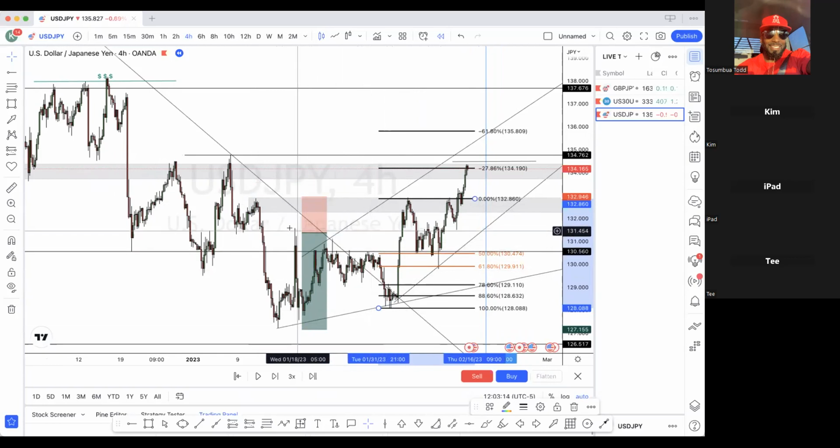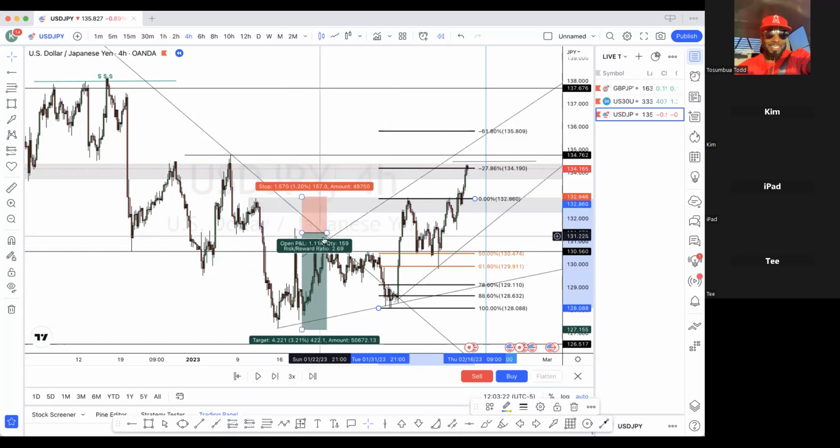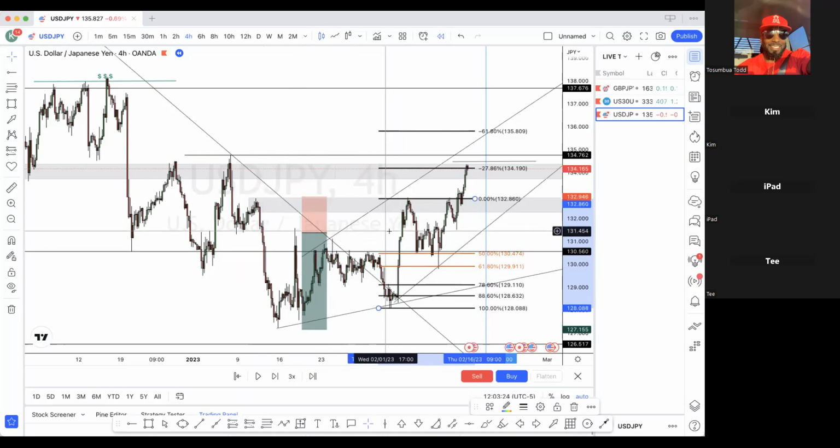So for me, I can see where, once it broke this high, because it was creating lower highs and price came and broke these lower highs, Todd is saying, okay, that's when you should get in.